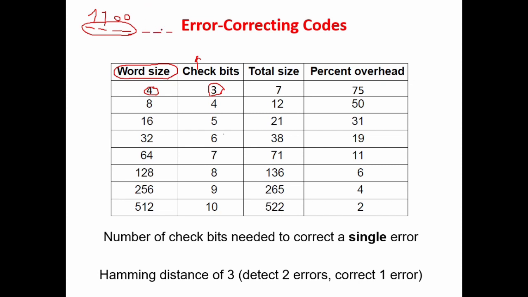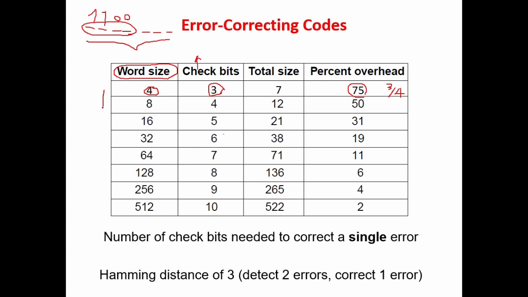Later on we can decide about the value. Now the total size would be 7, right? And the percent overhead is 75%, which is simply the check bits that we added relative to the original size.